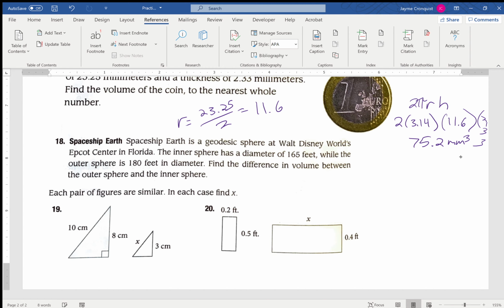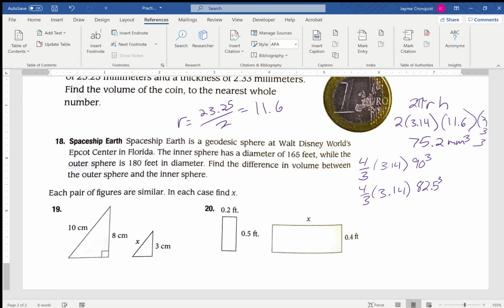So, if you have a diameter of 180 feet, our volume is 4/3 pi r cubed. So the 180 is going to be 90 as r, so r is 90 cubed. The smaller is going to be 4/3, 3.14, half of 165 is 82.5 cubed.